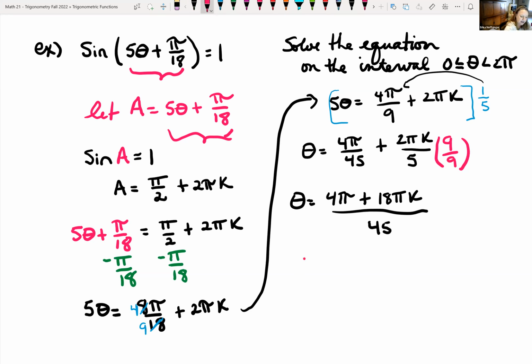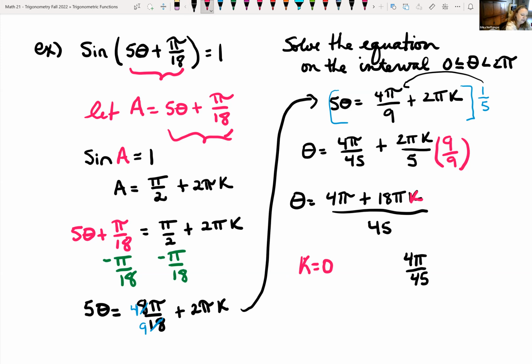So k is equal to 0. If k is equal to 0, I have 4 pi plus 0, so that's 4 pi all over 45. So 4 pi over 45 is falling between 0 and 2 pi.